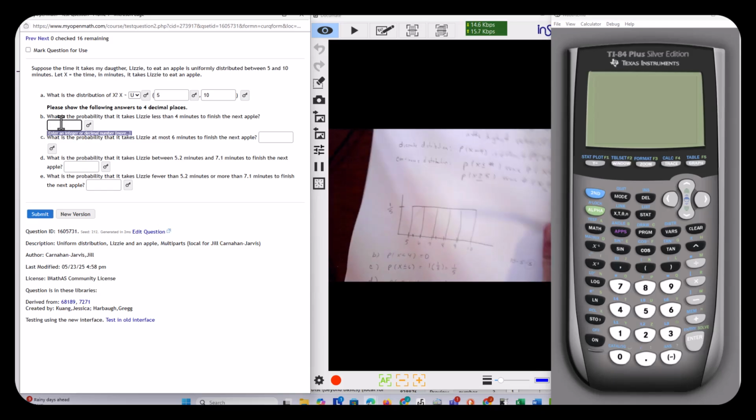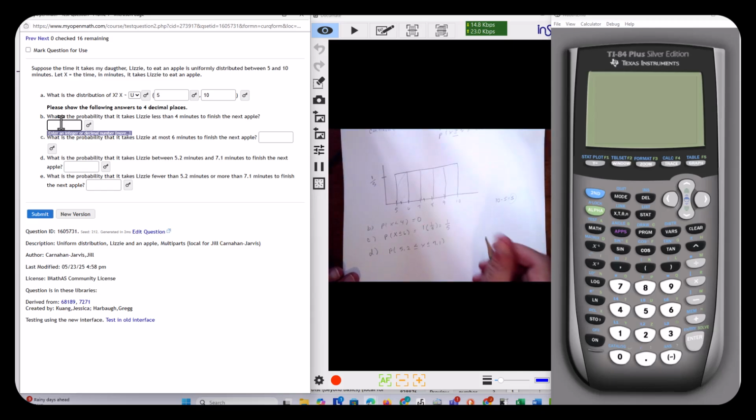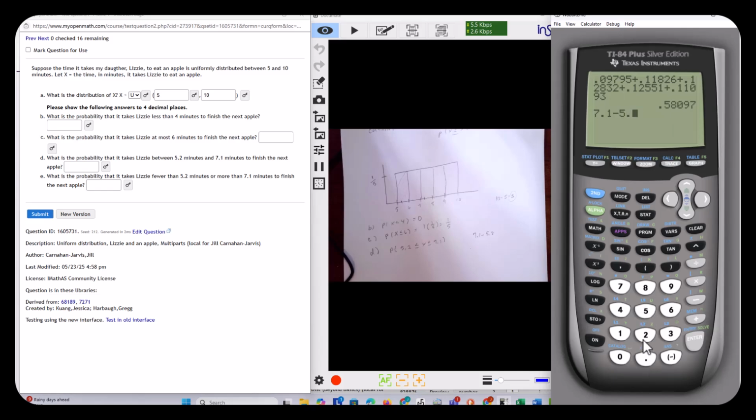Let's find the difference between these two: 7.1 subtract 5.2. Then it's simply the 1/5 times the 1.9. So that would be taking the 1.9 divided by 5, which is 0.38.